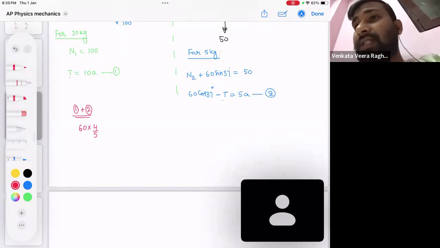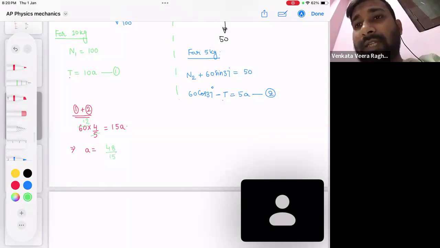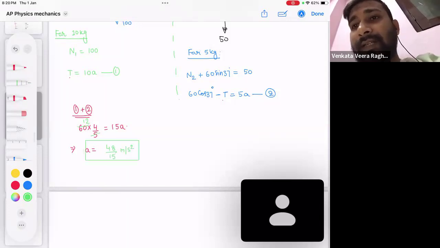So 60 into 4 by 5 is 48, and 10 plus 5 is 15A. So the acceleration is 48 by 15 meter per second square. Sorry, this is the acceleration we got, not the tension.